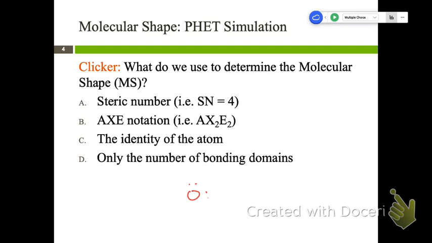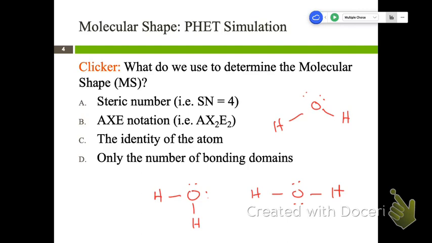So water is a great example, right? We have a steric number of 4. You can draw that a whole bunch of different ways for your Lewis structure. But my favorite way to draw it is thinking about molecular shape. If we only knew how many bonding domains there were, we would say, well, 2 bonding domains, so that's linear, right?